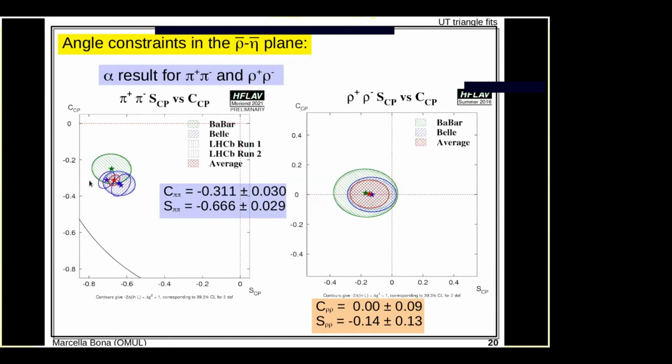So you have that the pi case is already very far outside zero. So you actually have a clear measurement of CP violation in the pi case. So this is 0 in this plane, and this is where all the measurements are. While in the rho rho case, this is 0 and this is your measurement.